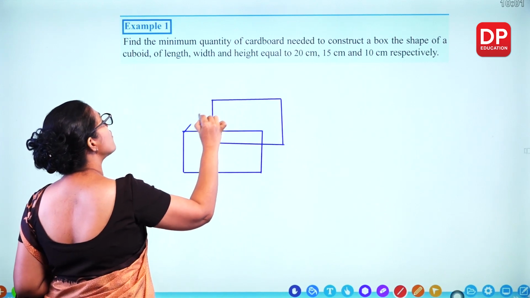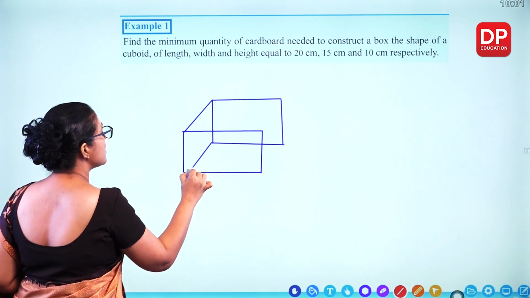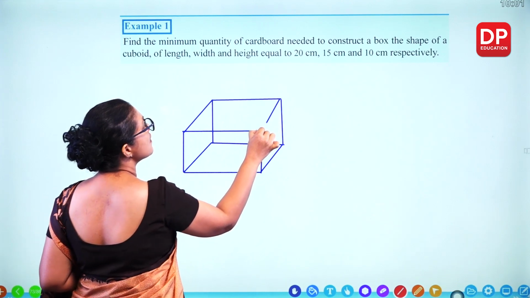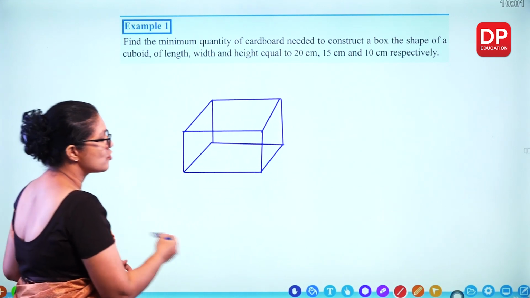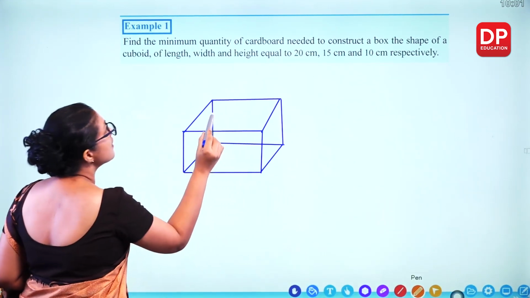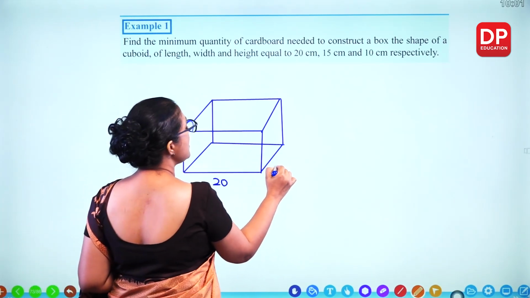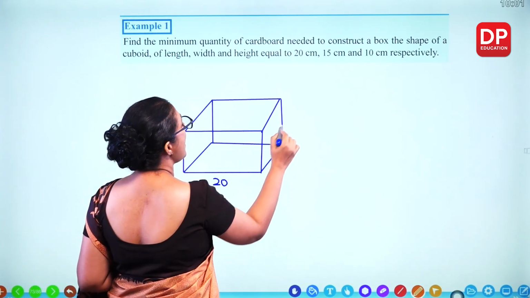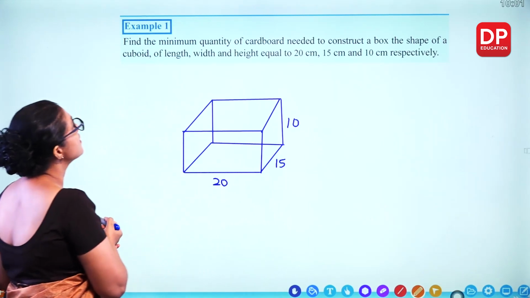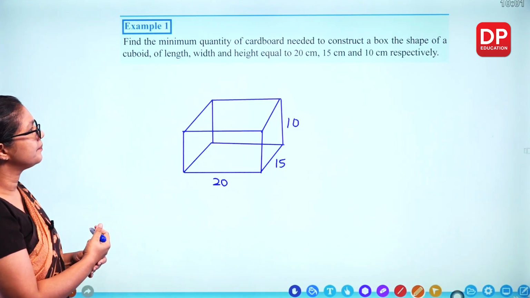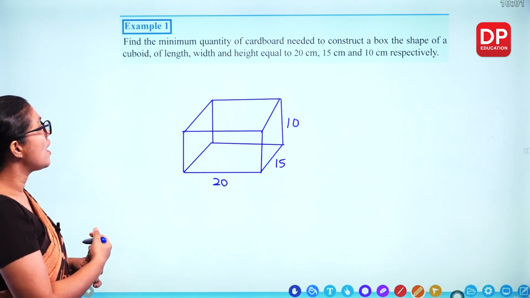Do you know how to create the cuboid 3D figure? This is a cuboid. So what are the lengths given? 20 is the length, 15 is the breadth, and 10 is the height. Width, length and height.